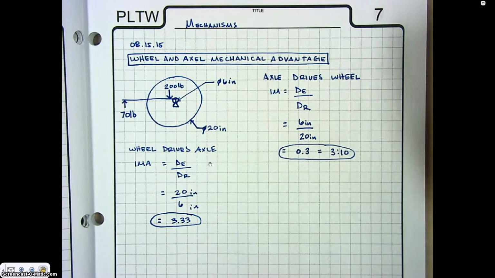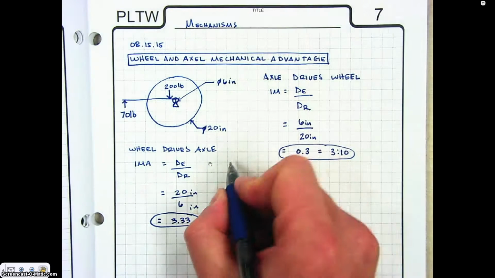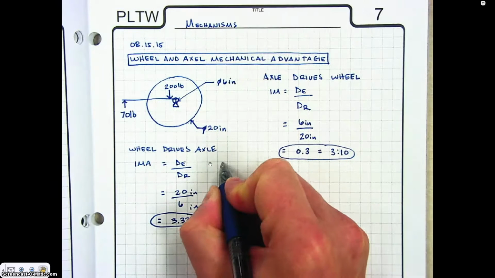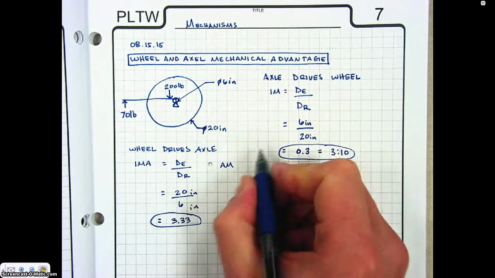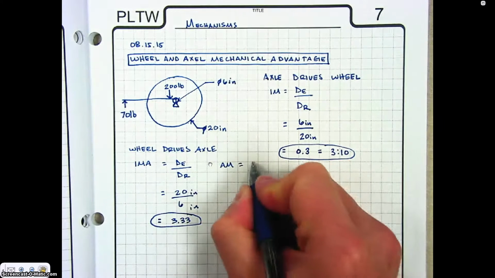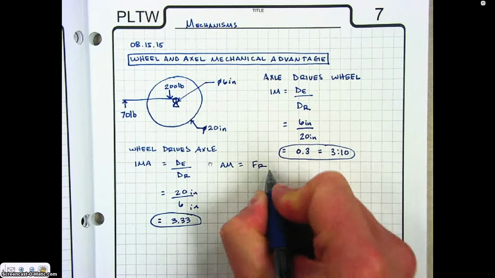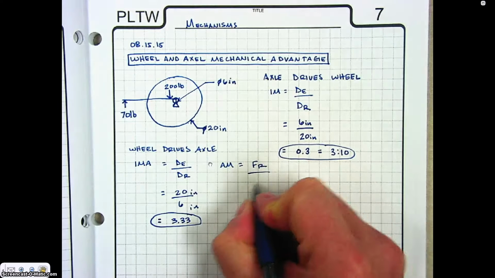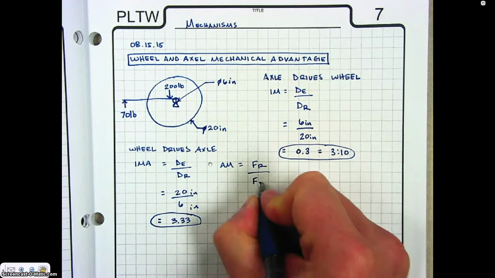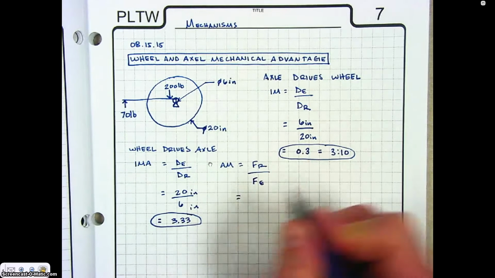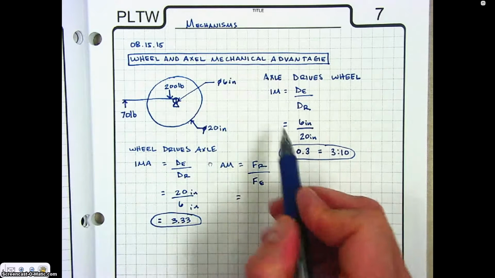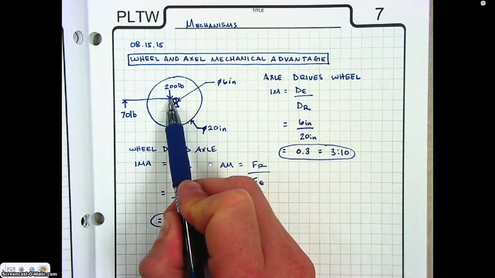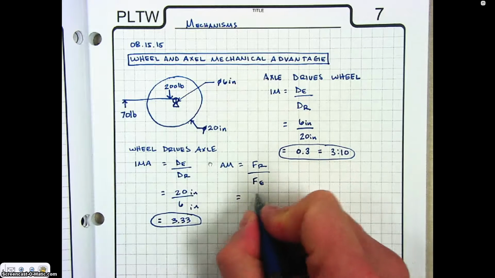If we solve for AMA now, where the wheel's driving the axle, AMA is equal to the force of the resistance divided by the force of the effort. So in this case, the force of the resistance is coming right here. Here's our resistance force. It's 200 pounds.